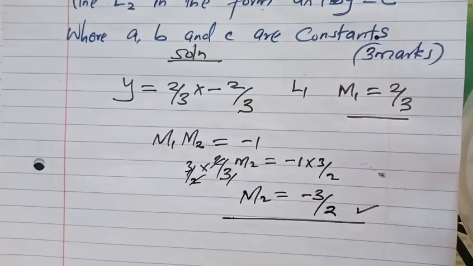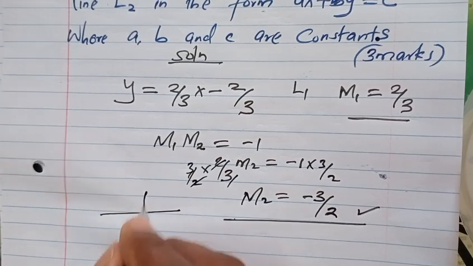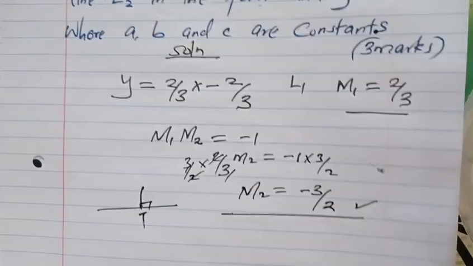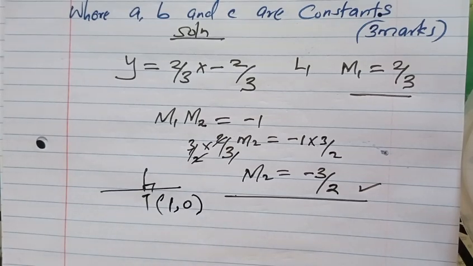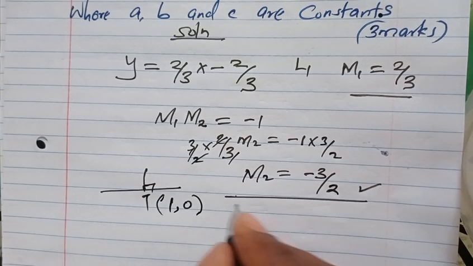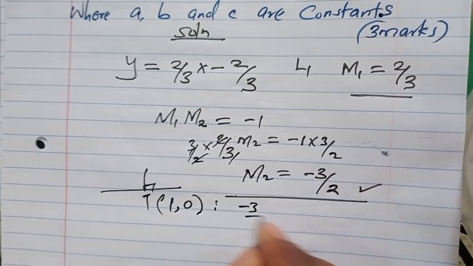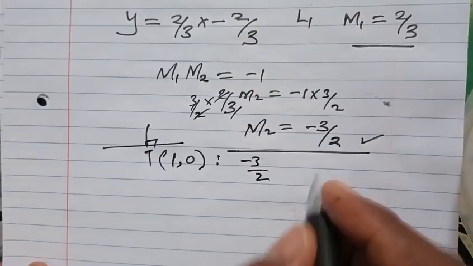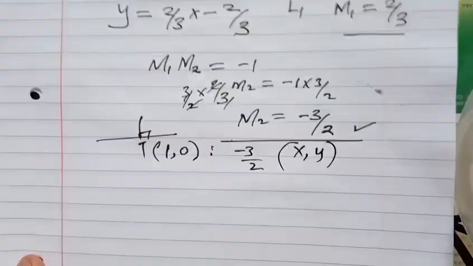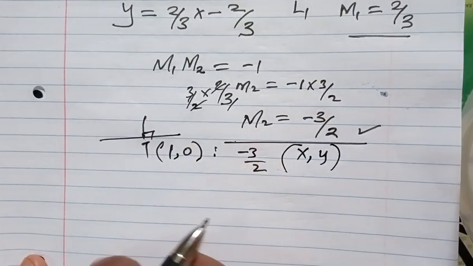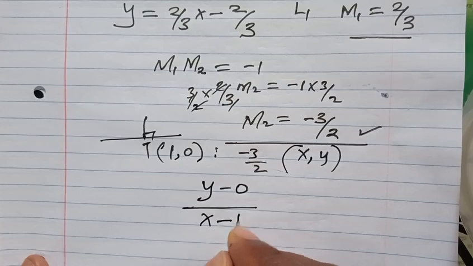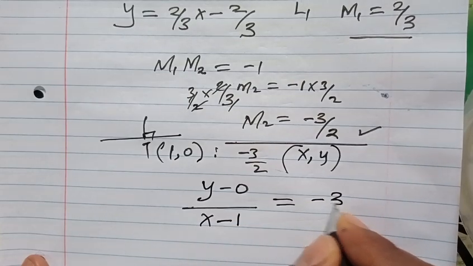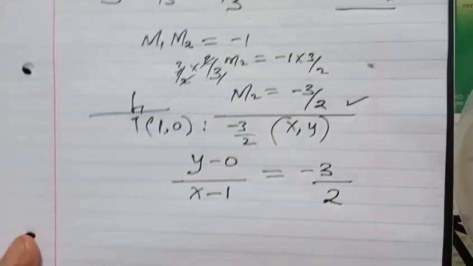When you have the gradient, remember they are perpendicular at point T. So we already have point T as (1, 0). We calculated it from the first question A, and we have the gradient as -3 over 2. We imagine another point (x, y), and apply the formula that I showed you in video number 2. y minus 0 over x minus 1 should give us the gradient, which is -3 over 2.